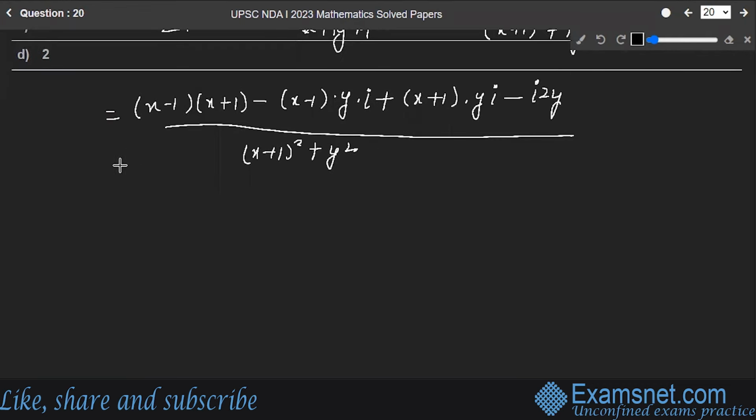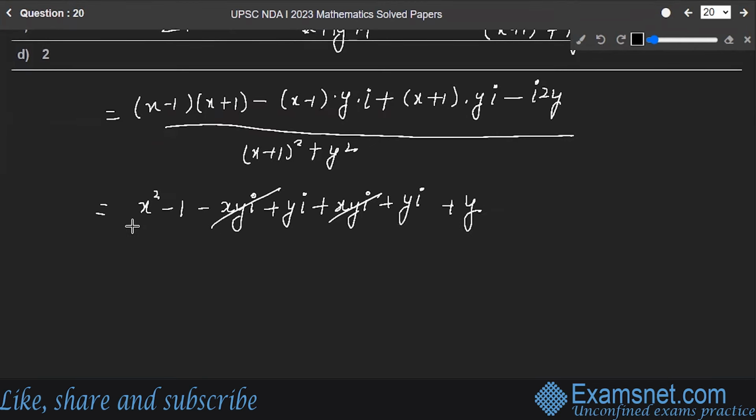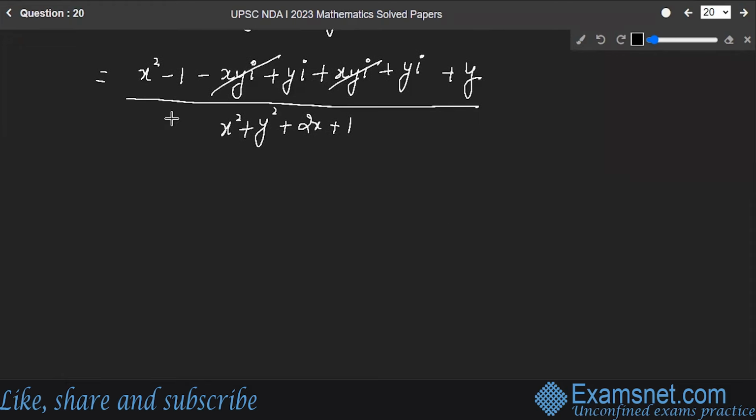Okay, right. So this can be written as x square minus 1 minus x y iota plus y iota plus x y iota plus y iota plus y square. These will cancel, and in the denominator, you have x square plus y square plus 2x plus 1. I hope you are getting this. So let's segregate the real and the imaginary parts now.